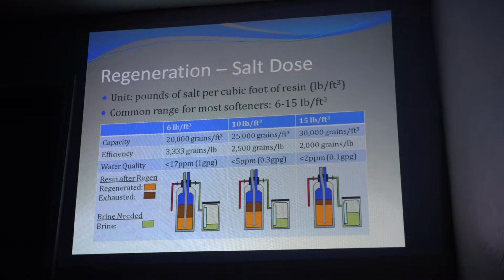If you have one brine tank with a salt grid, you have to remember the last step of regeneration is brine refill. It refills for, let's say, 10 minutes, puts fresh water in that brine tank, then goes into the service position, and instantly that other unit goes into regeneration.